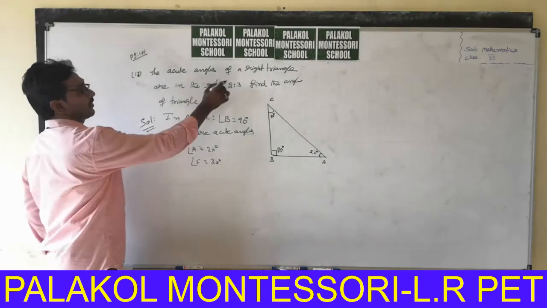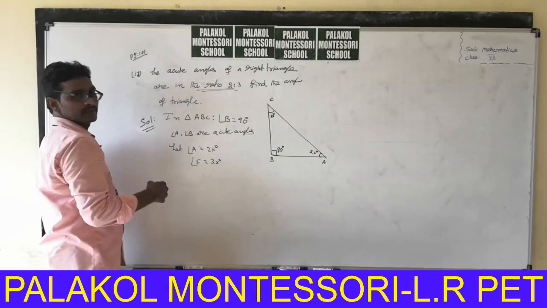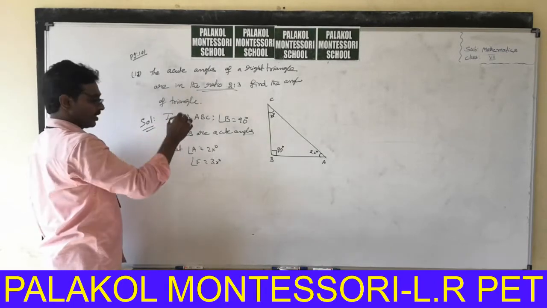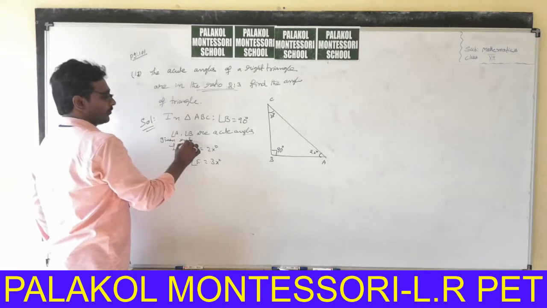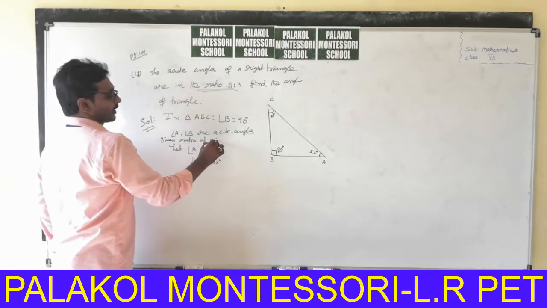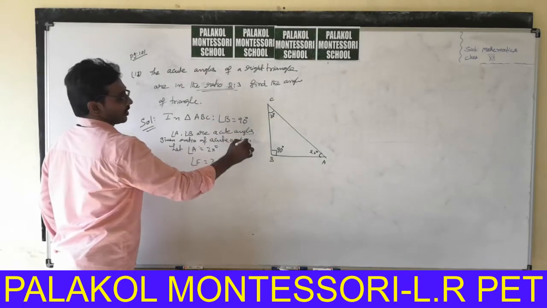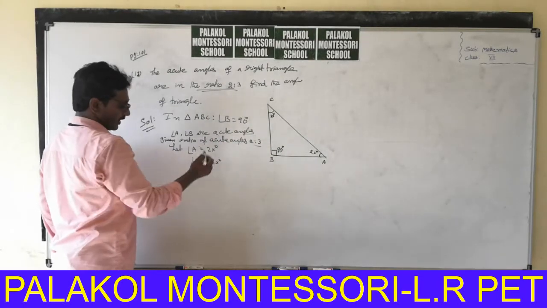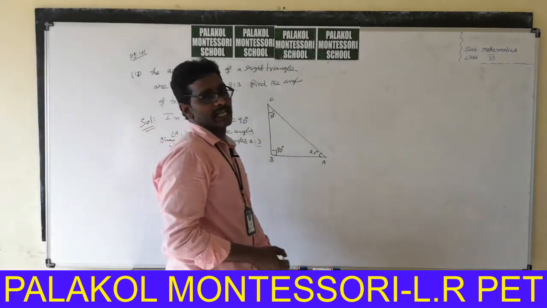Why? Because the ratio of the acute angles is given as 2:3. That is why angle A is equal to 2x degrees, angle C is equal to 3x degrees.